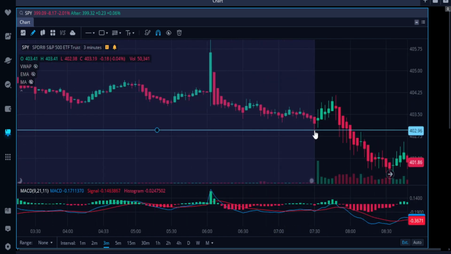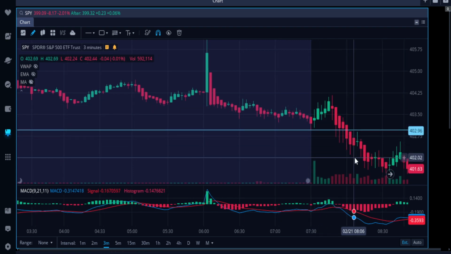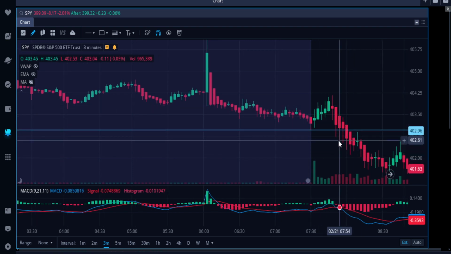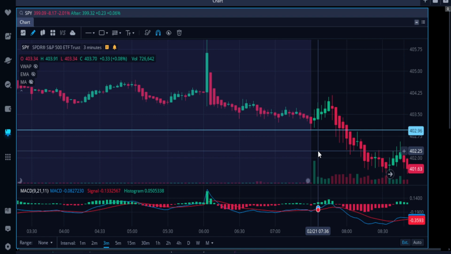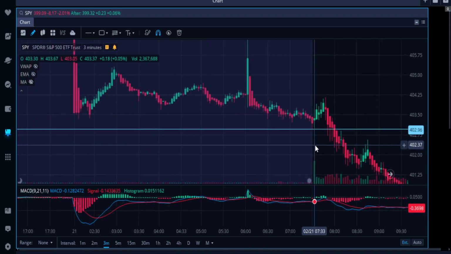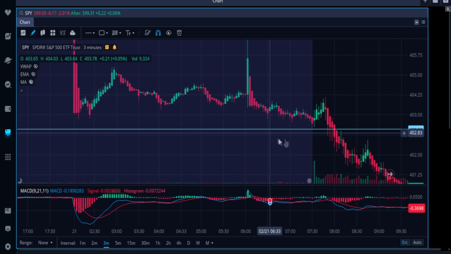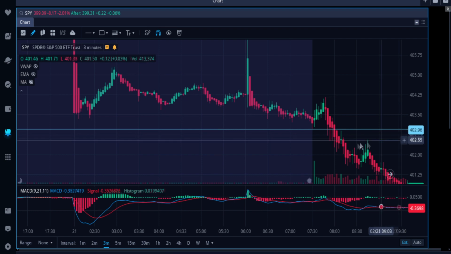So since this is my strong level and I'm looking for a breakout or a breakdown of that level, the next thing I would do is look for my profit target. So in order to find my profit target on this, I would look for the first significant level that is below my breakout level of 402.96.